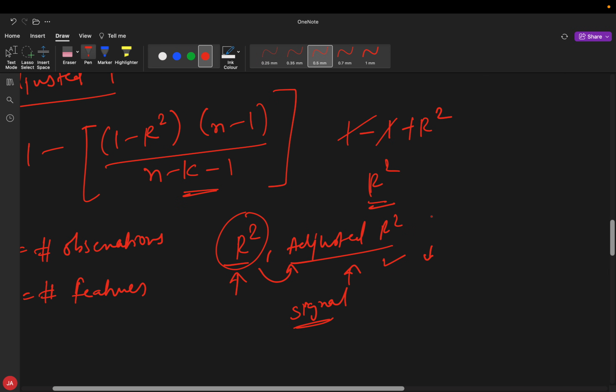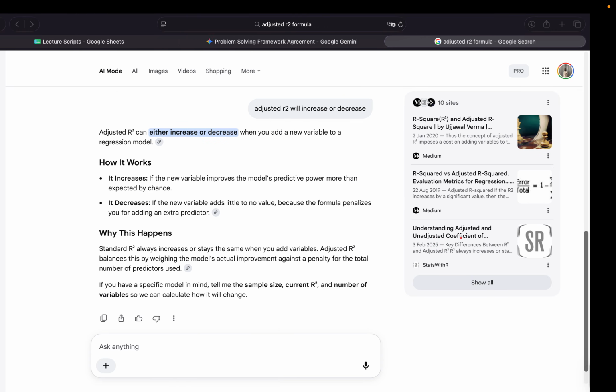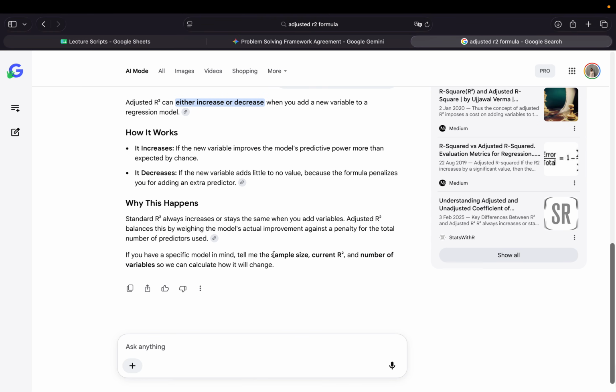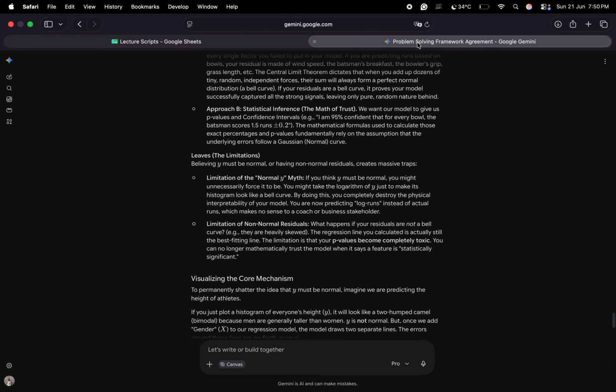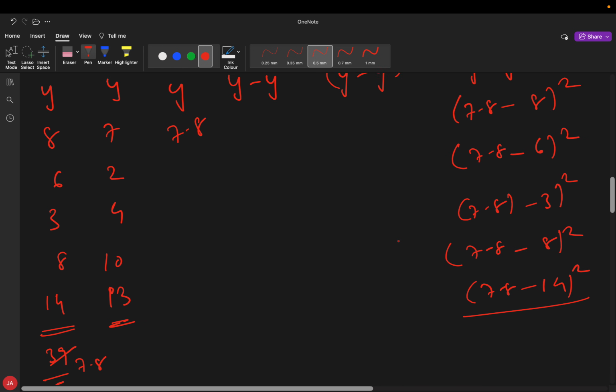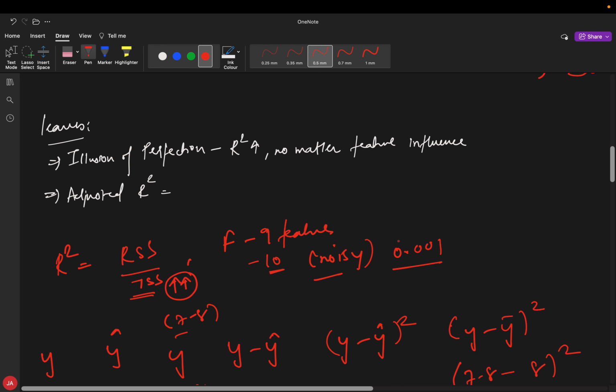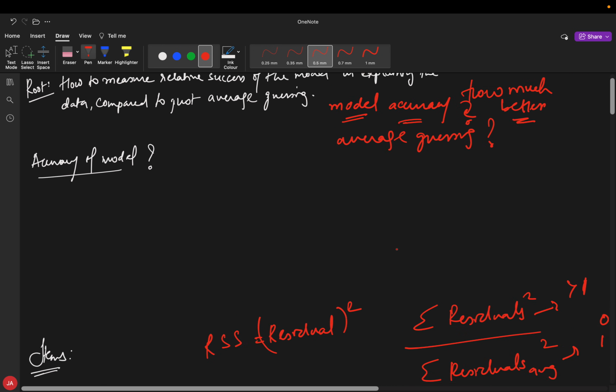So adjusted r square increases when the feature adds value and decreases when it adds no value. This should happen. Okay, so this is the thing, adjusted r square. Okay, done.